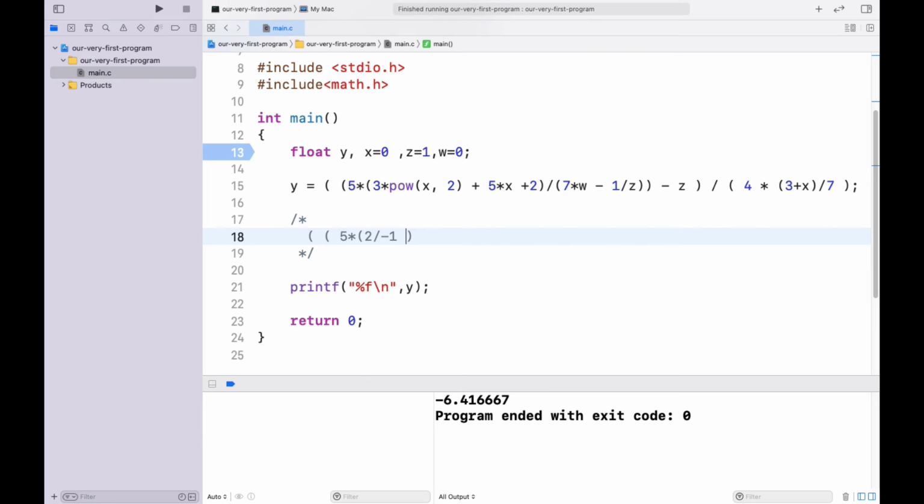Minus 1, we need to divide it by minus 1, that will result in minus 2 itself only. So minus 2. So 5 into minus 2 minus 1 we have here in the numerator, and in the denominator, let's clear these extra brackets here.